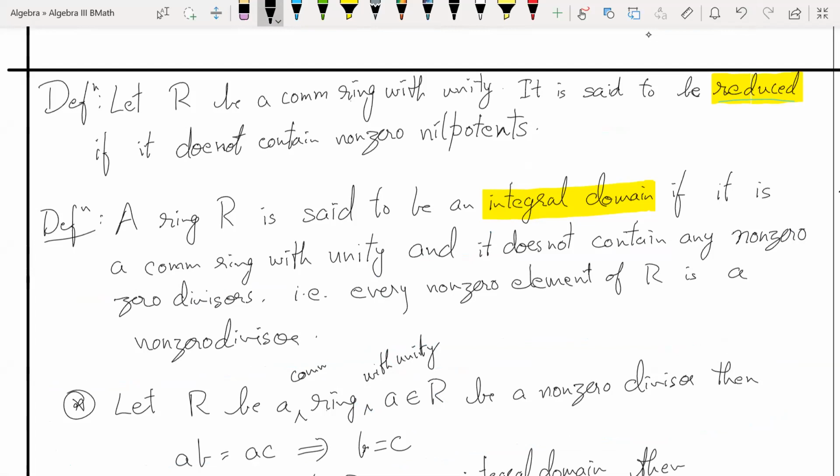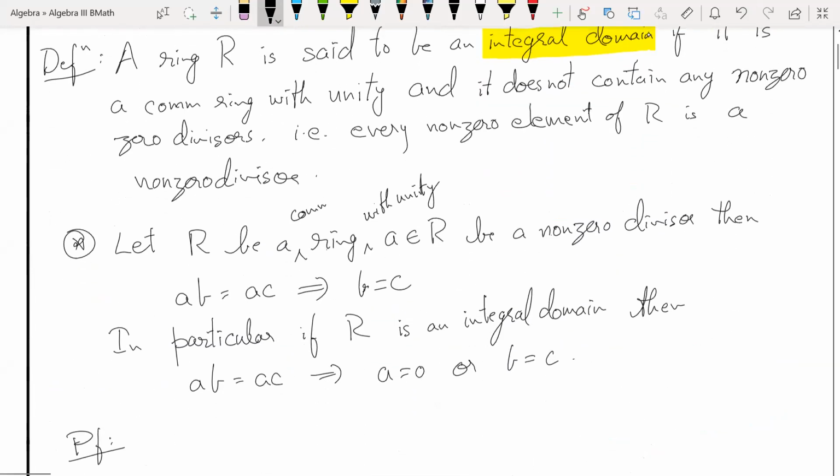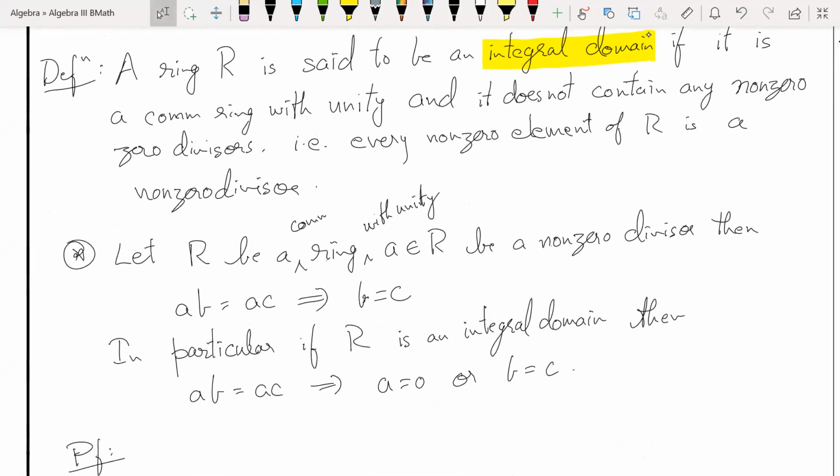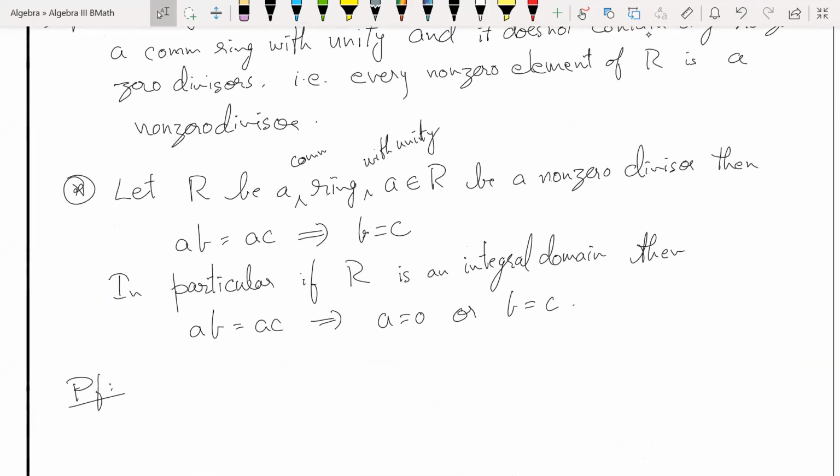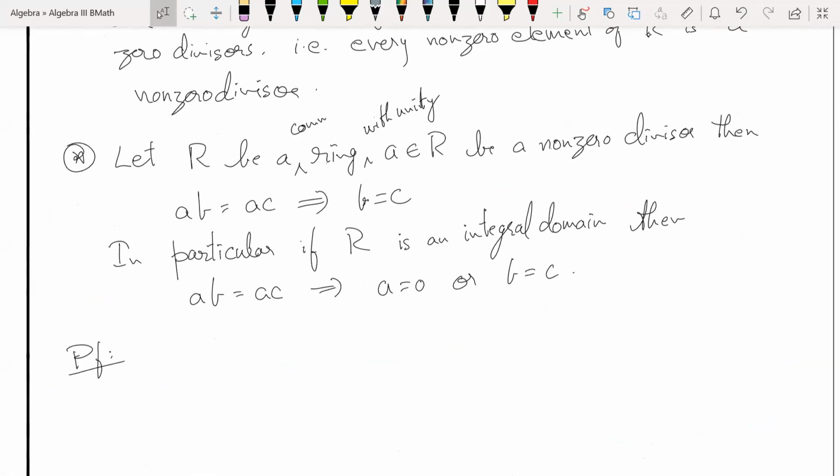So let R be a commutative ring with unity and A belonging to R be a non-zero divisor. Then AB equals AC implies B equals C. In particular, if R is an integral domain, then this happens. Here is the proof. We are given AB equals AC.